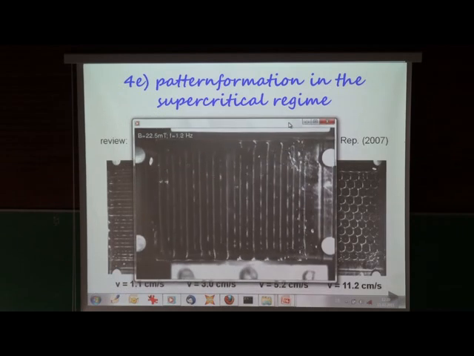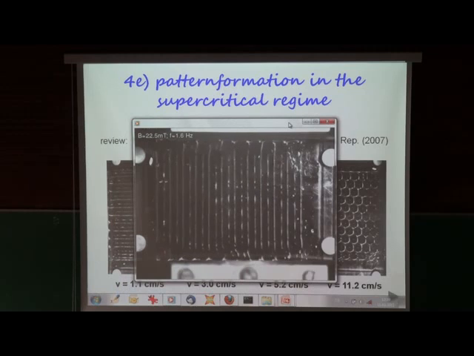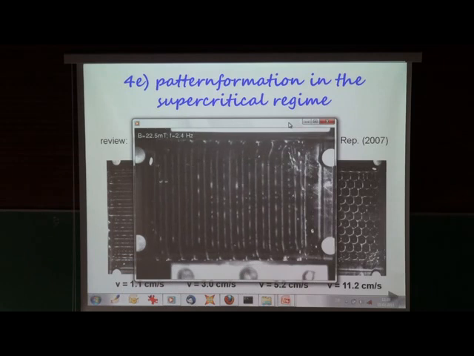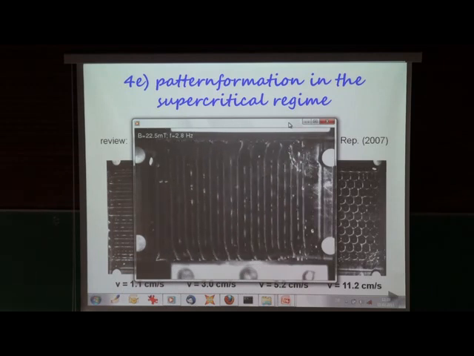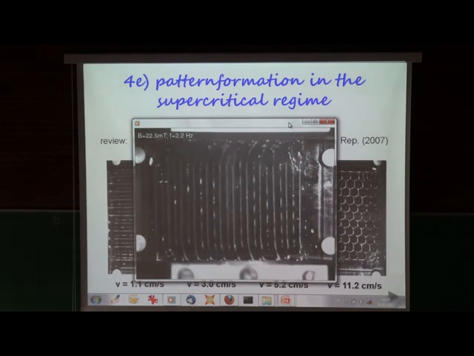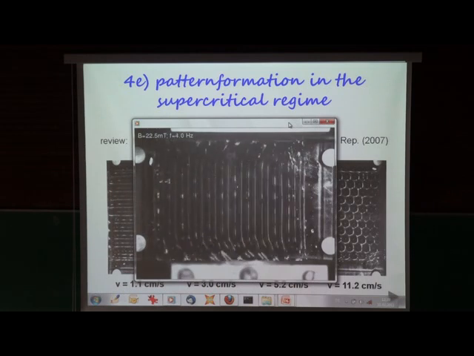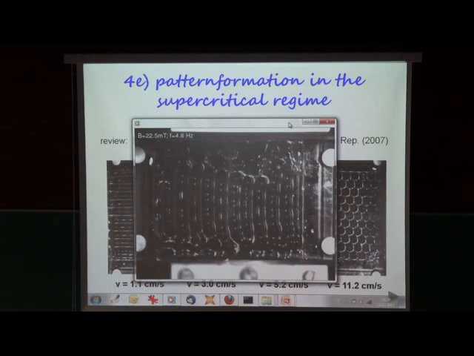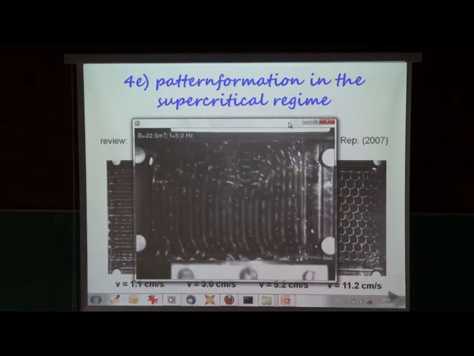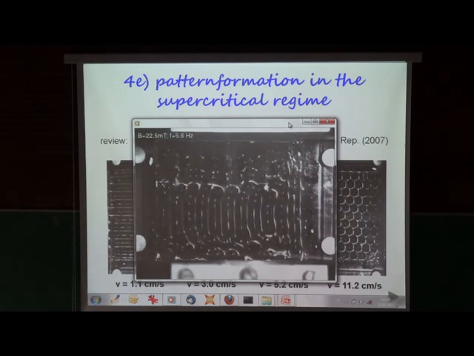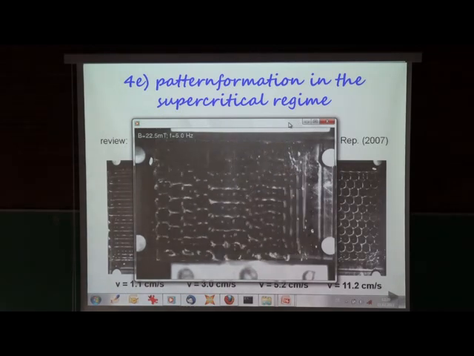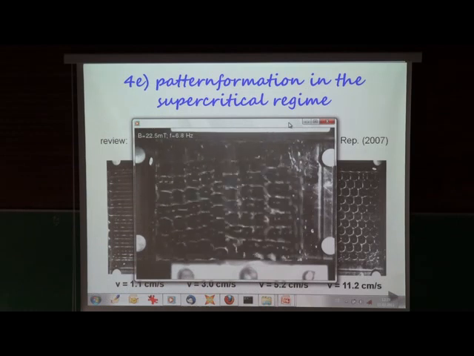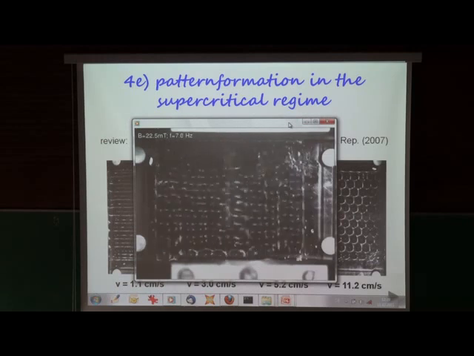So you see now, for small driving velocities, we have just propagating liquid ridges. Now we are increasing the driving velocity. Going further and further, now you have a complex coexistence of ridges and some spikes, and these spikes are propagating, and now you can see that somehow you get a square regime.